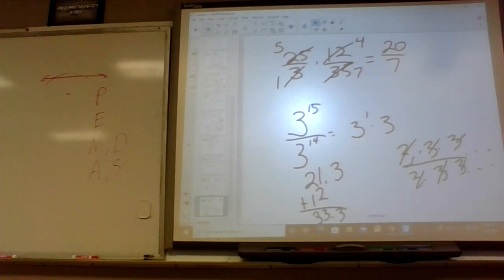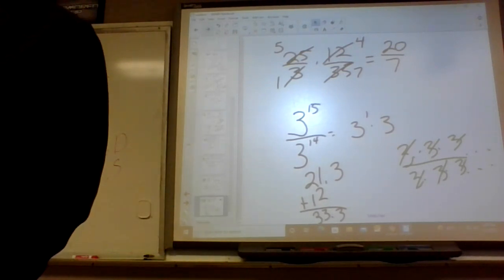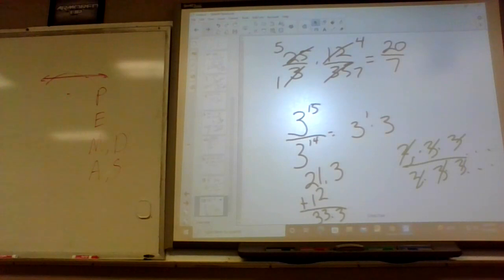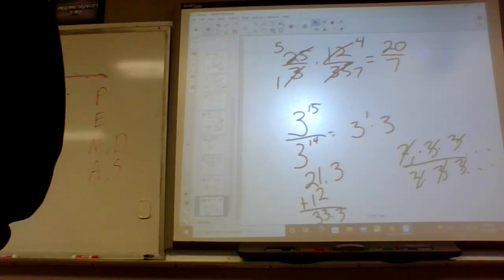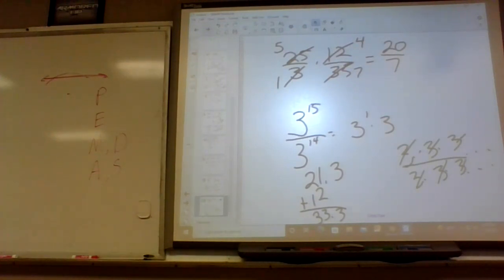It's just 9 plus A, like adding like terms. And then evaluate means actually figure out what it equals. So A is 8, so 9 plus 8 is 17. So B is 17.